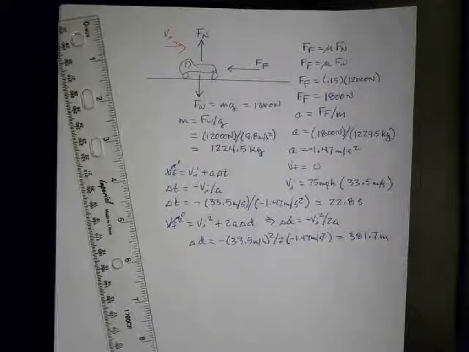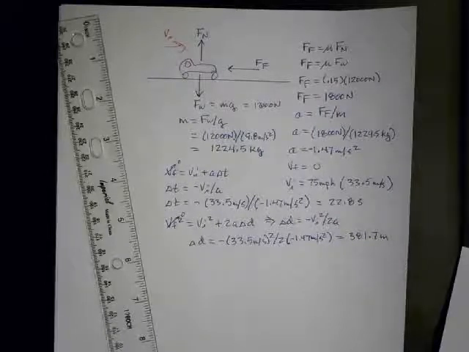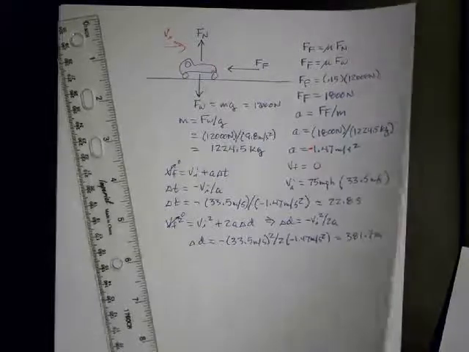All right, next we have a box is pushed across a horizontal floor at a constant speed of 8 meters per second with a force of 24.5 newtons. What is mu? So, again, start off with the picture.